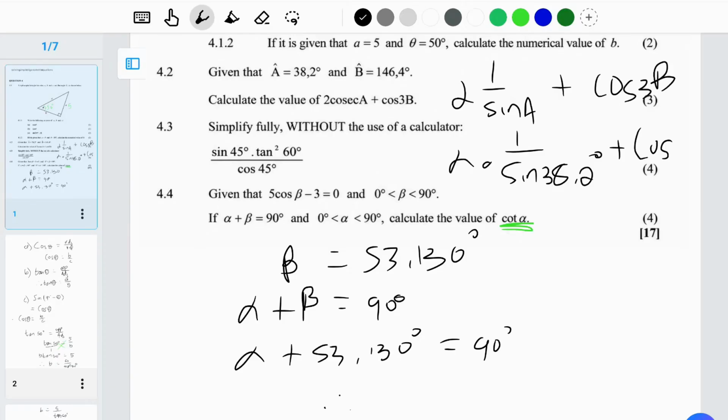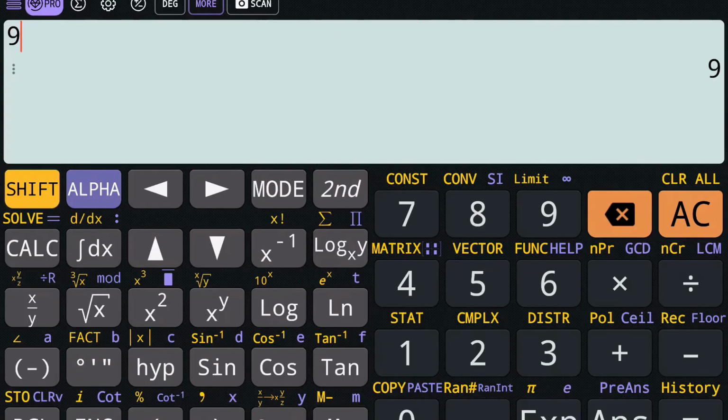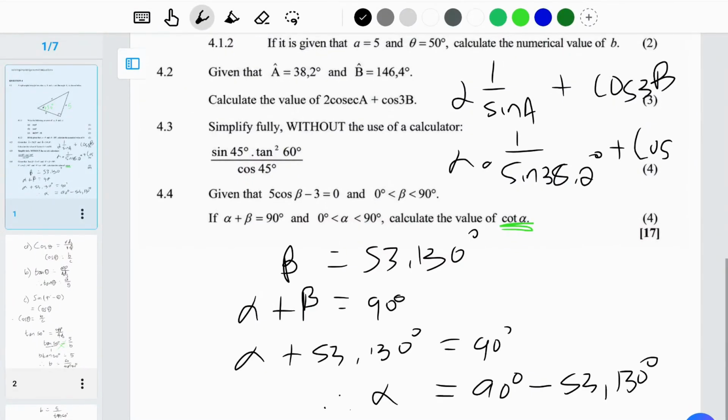Therefore, alpha equals 90 degrees minus 53.130 degrees, and you can put that into your calculator. We say 90 minus 53.130, and you get 36.87 degrees. So now you've found alpha.